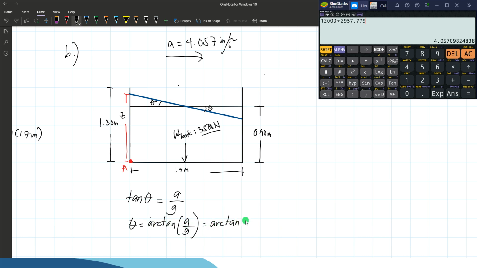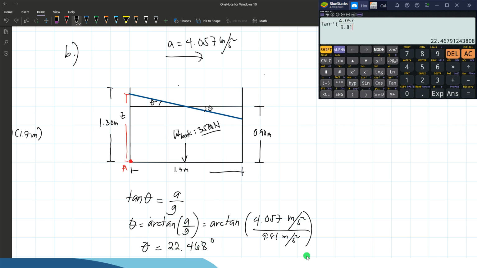So arctangent of 4.057 meter per second squared divided by 9.81 meter per second squared. So theta is equal to arctangent of 4.057 divided by 9.81, 22.468 degrees.